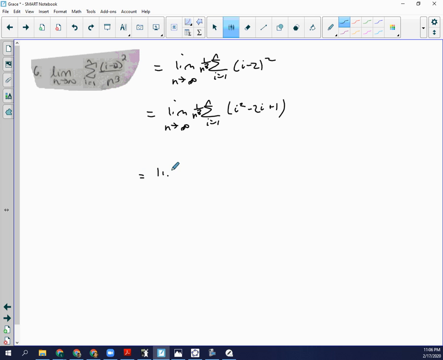So we've got the limit as n approaches infinity of 1 over n cubed times the sum from i equals 1 to n of i squared, which is n times n plus 1 times 2n plus 1 over 6, minus 2 times the i sum, which is n times n plus 1 over 2, plus 1.